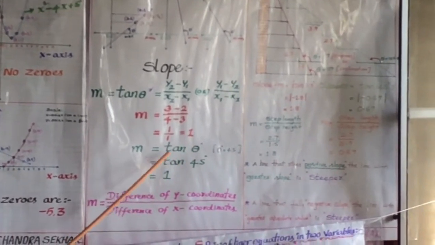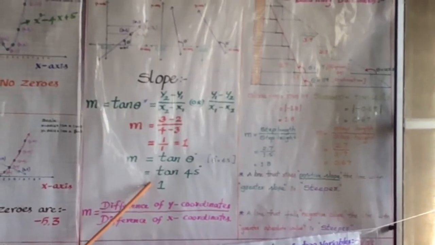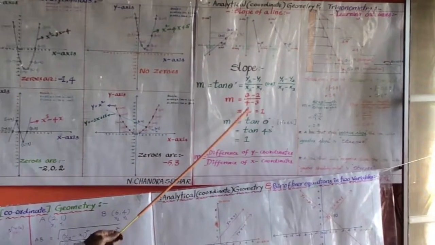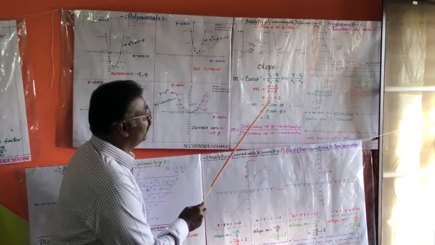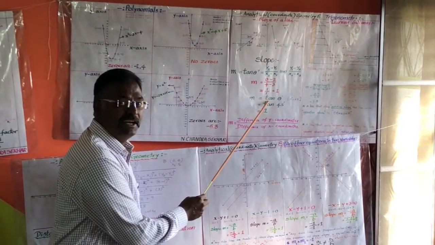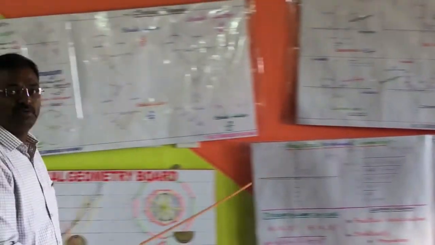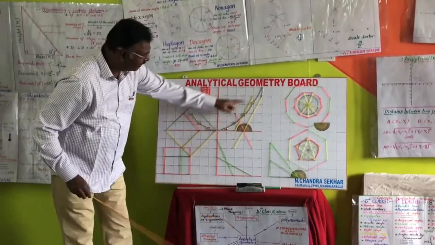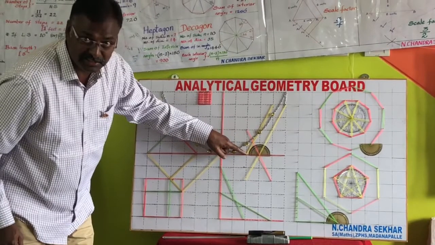Here, we can apply tan theta to find the slope of the line. The same concept we learned in the textbook, up to this position. Here I will go for tan theta, where the line comes and where the angle comes. Now I will move this onto the board. One line is arranged like this, and another line I will arrange like this.